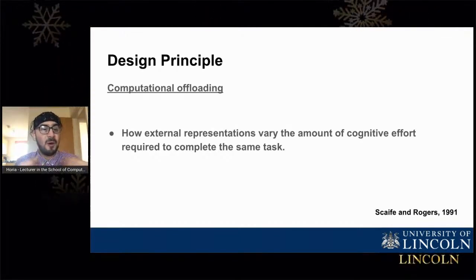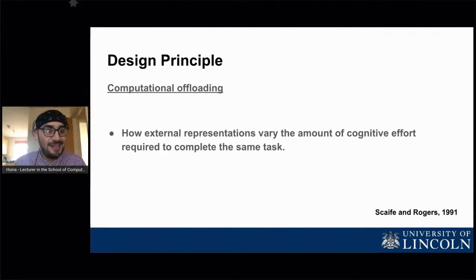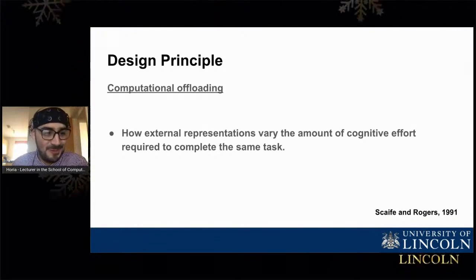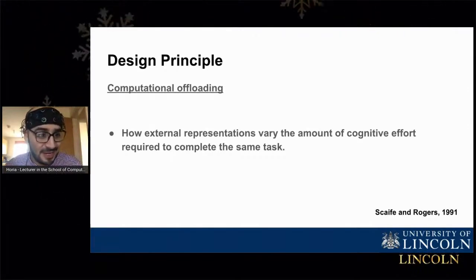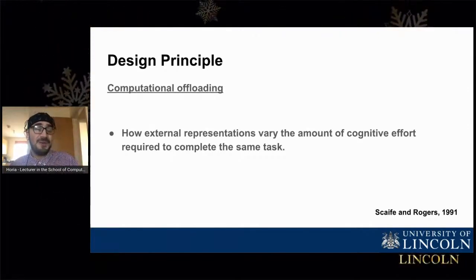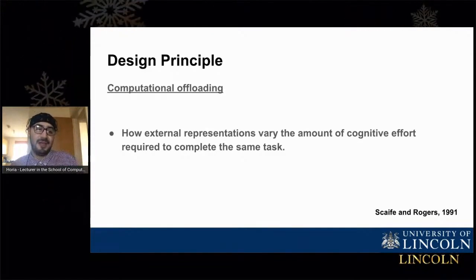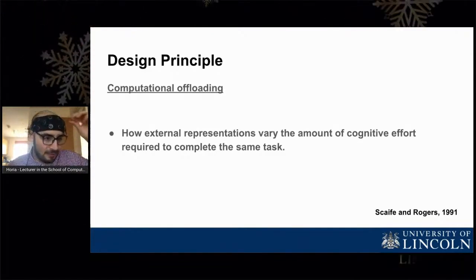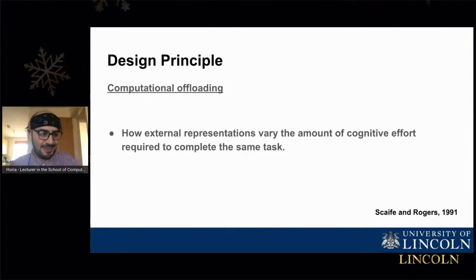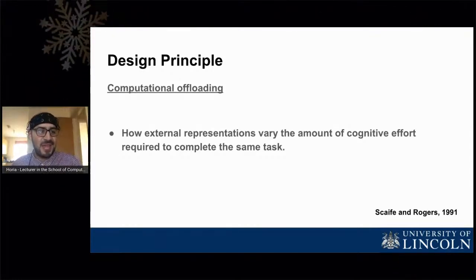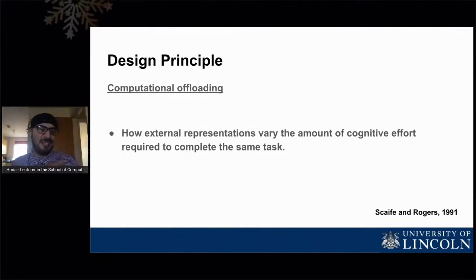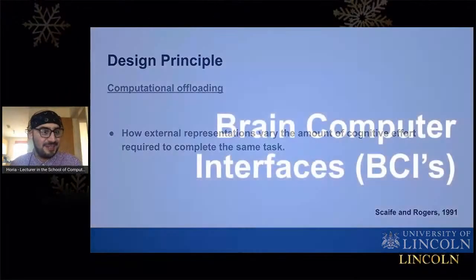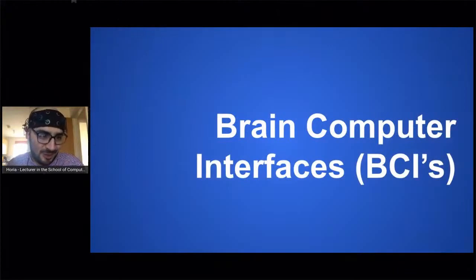So the idea of computational offloading is finding the most suitable user interface or design that will best support the driver in this context, will generate less mental effort. And we'll talk a little bit about how we can measure this mental effort that I keep referring to. And we'll give you a couple of examples of studies where we investigated this concept of computational offloading, if you want.